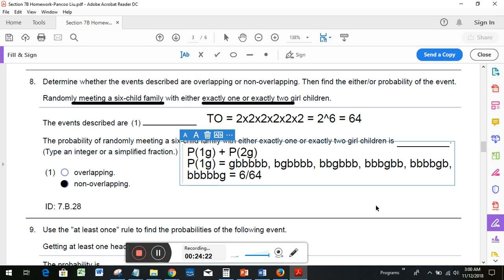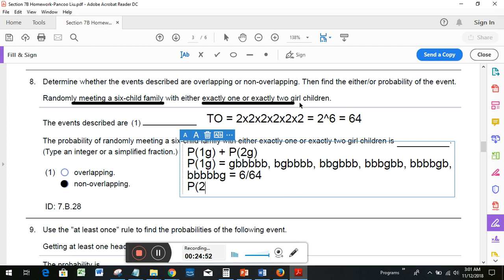For a 4-child family, it will be 4 out of 16. For a 3-child family, it will be 3 out of 8. And for a 2-child family, it will be 2 out of 4. So all it is is just switching the position of the single girl. Now, some problems may say boy rather than girl, but it will be the same probability.